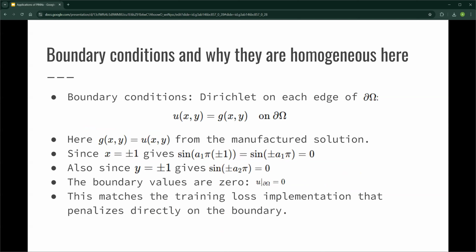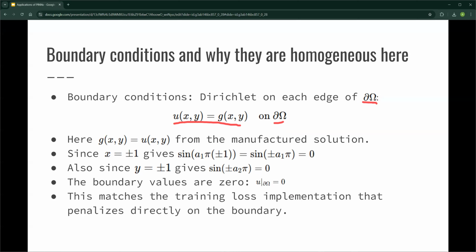we will impose the Dirichlet boundary conditions on the boundary, partial omega. We'll just call it the boundary condition here. This essentially means that u of x comma y is equal to an arbitrary function g of x comma y on the boundary.